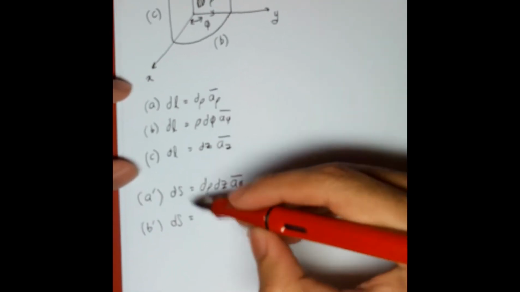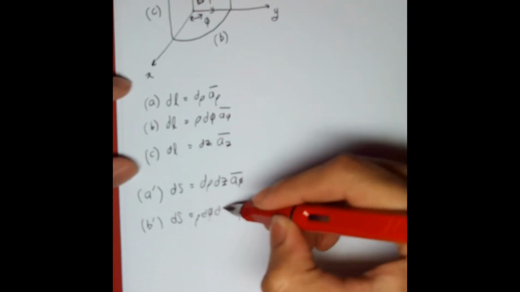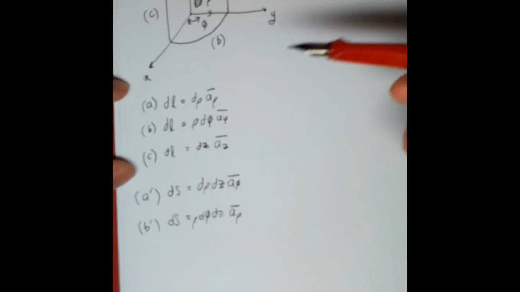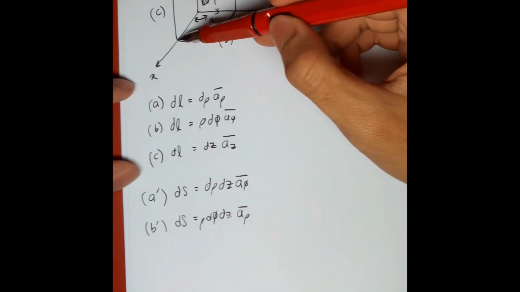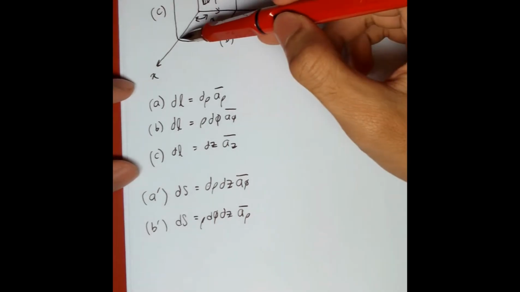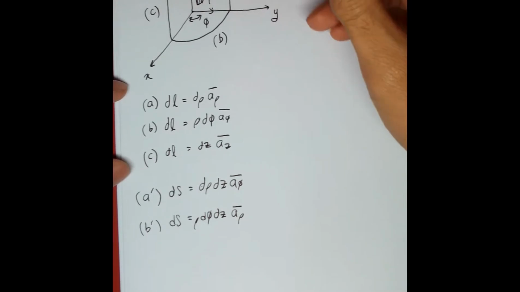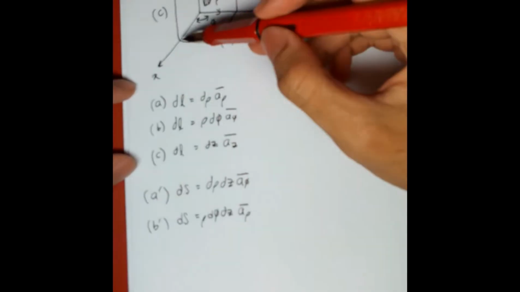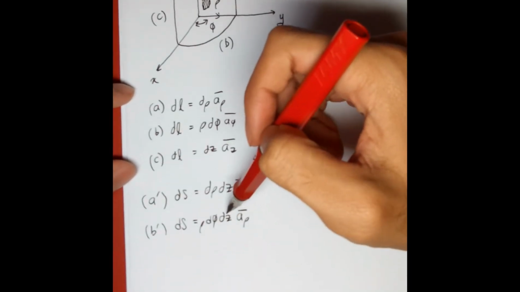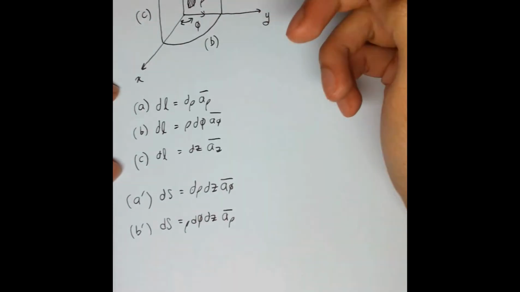Now the magnitude should be rho d phi dz, because the rho is here, the phi is here, and dz is here. So we take that magnitude beside a rho.